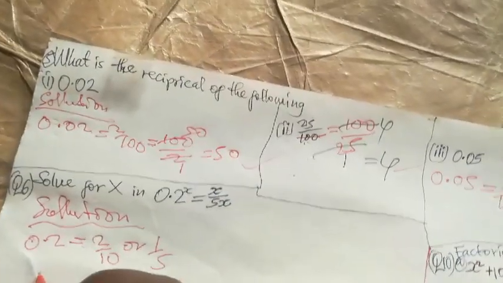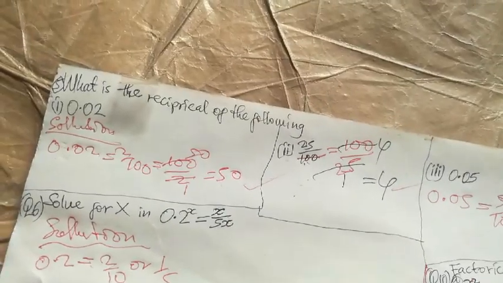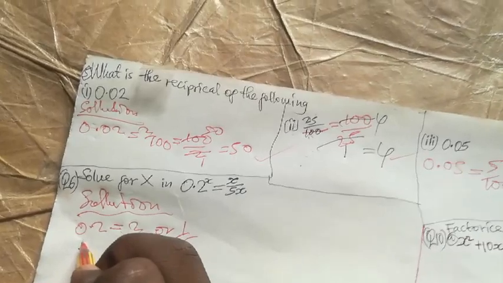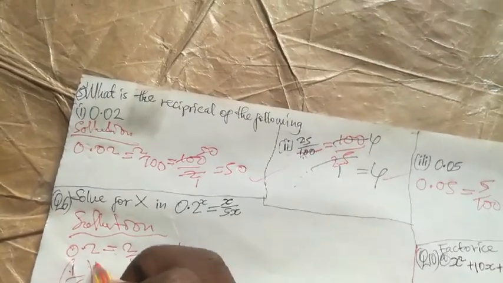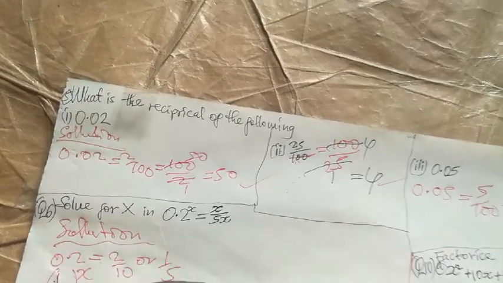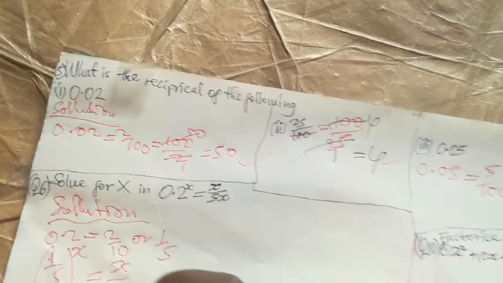Hence this will give us 1 over 5 with power x, which is the same as x over 5x.